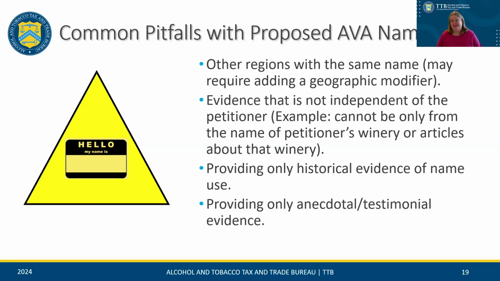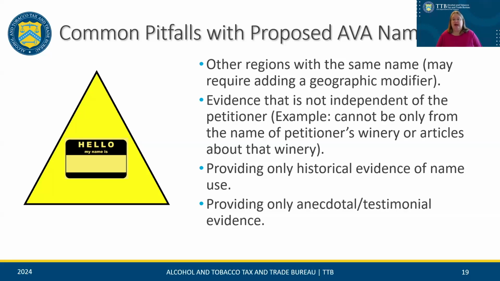Well, there are an awful lot of places called Middleburg in the United States, and consumers would be very confused trying to figure out which of those many Middleburgs your proposed AVA related to. So we might require you to add the name of a state or a county to help better identify exactly which Middleburg you're talking about. In this example, the AVA name became Middleburg, Virginia.